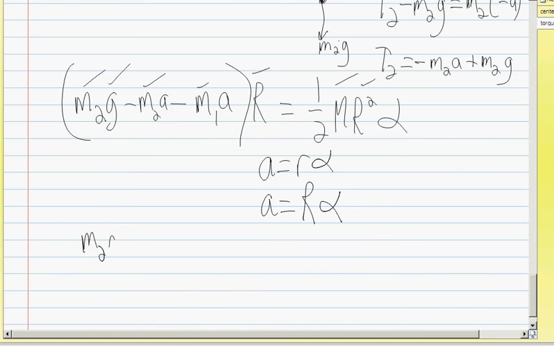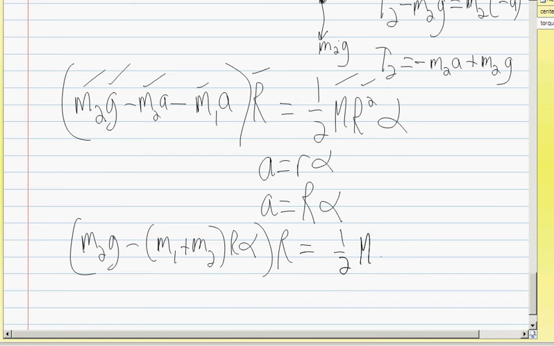So we'll have M2G minus M1 plus M2 times R alpha, all times R, equals 1/2 MR squared alpha.